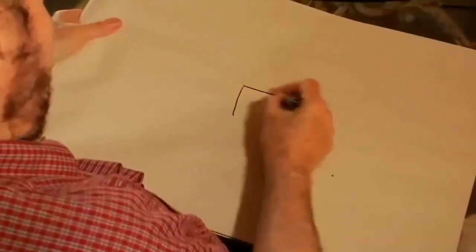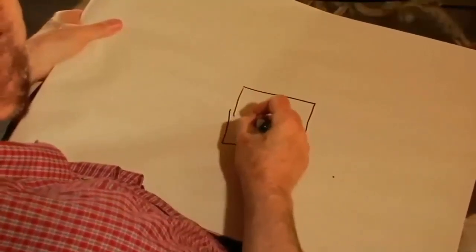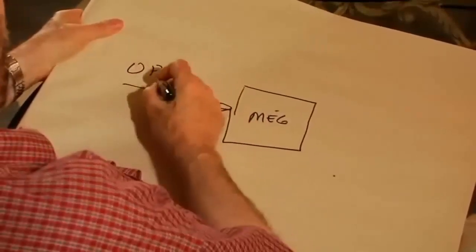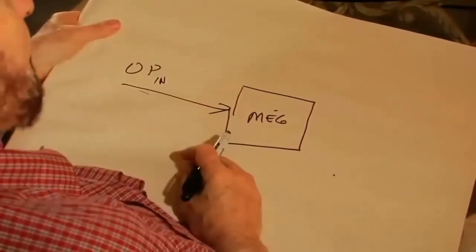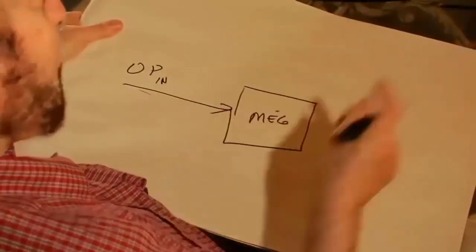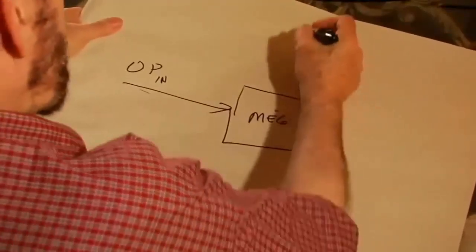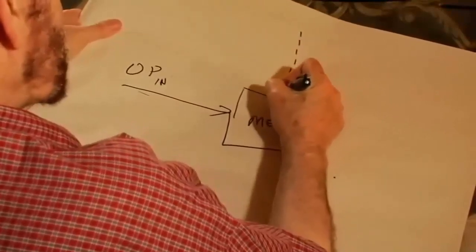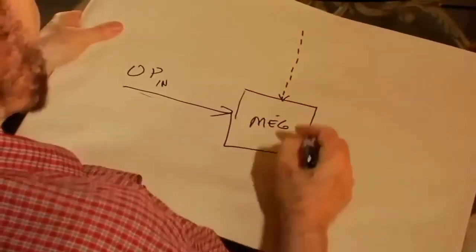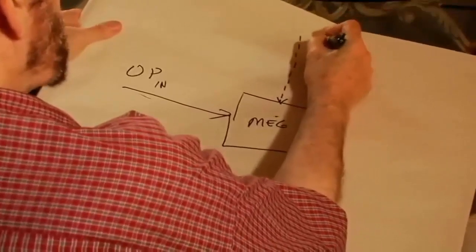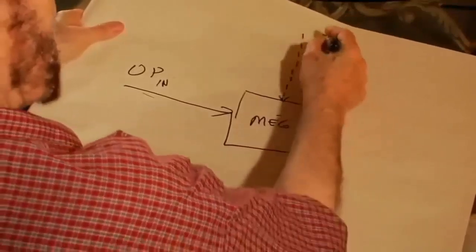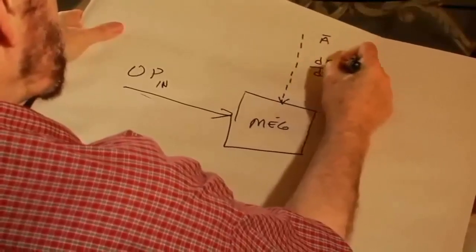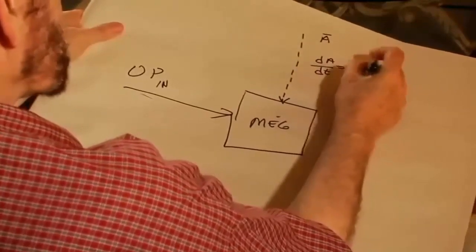Now let's draw the MEG diagram, and it turns out to be just like that crazy heat pump. I have my system called the MEG. I'm going to do the open loop. I'm putting in the operator input. I'm paying for that, paying the power company, or paying for a battery or something. But now, from the environment, I have this extra input of energy, and I'm going to put the bar over the A, and when I perturb it, it's going to be dA/dt equal minus E. Instead of going out, it's going to come in.